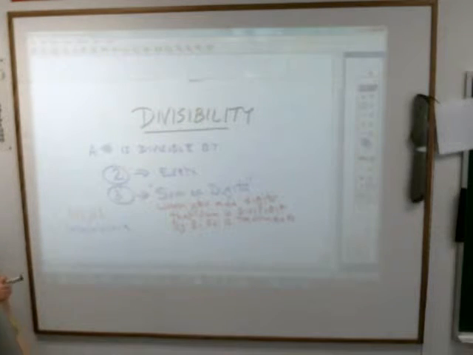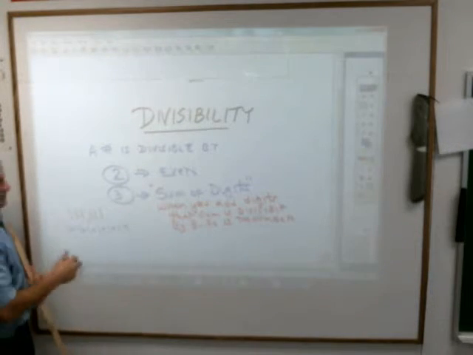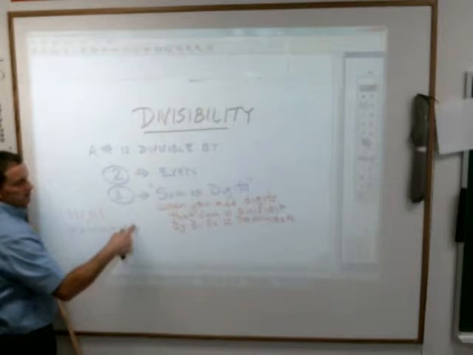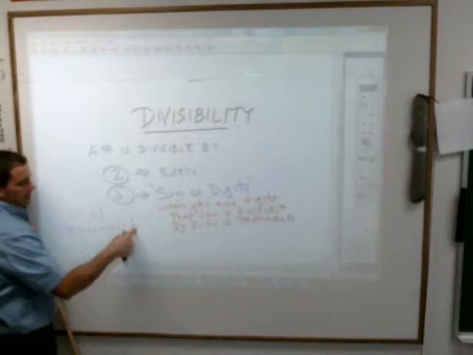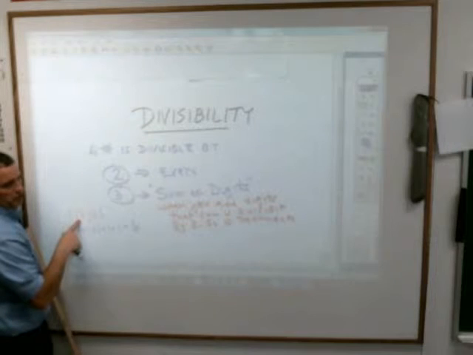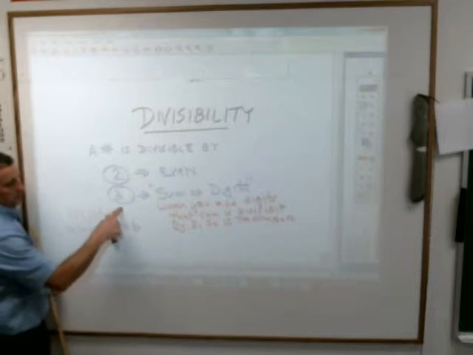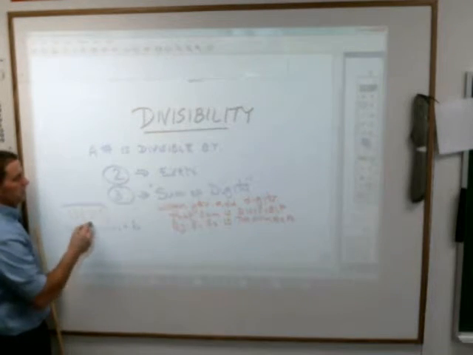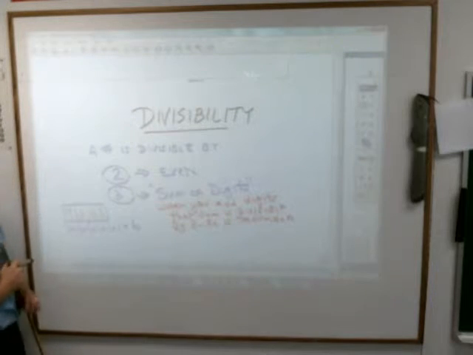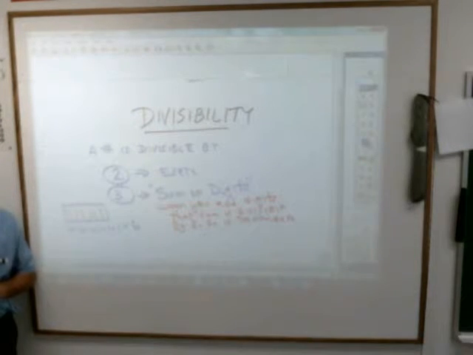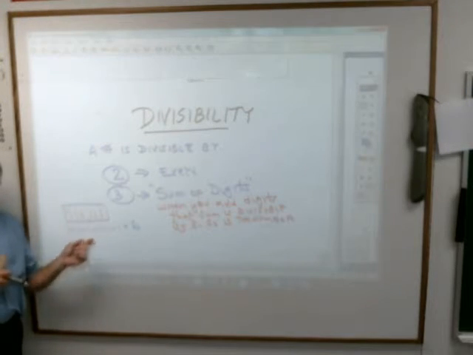Add them together, I get 6. If 3 goes into that sum, then 3 will also go into the number that you started with. So since 3 goes into 6, I know that 111,111 is not a prime number because 3 goes into it because of the sum of the digits.